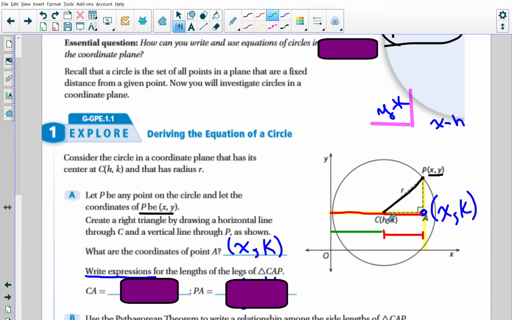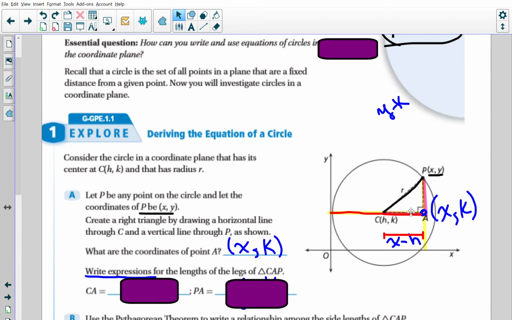Which we know is h. Therefore, this horizontal distance right here must be x minus h. Similarly, this vertical distance must be y minus k, because the whole distance is y, and we subtract out this k part right here. So those are the expressions for the lengths of the legs.